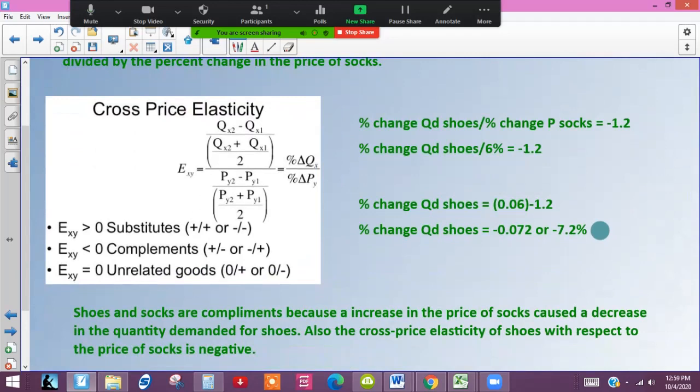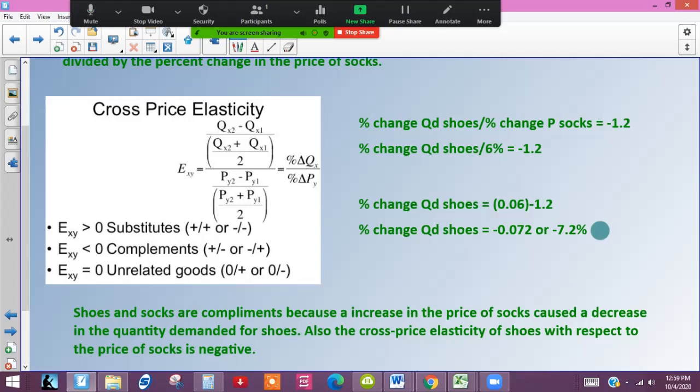So when the price of socks went up, the quantity demanded of shoes went down, which, without knowing any formula or anything, just using common sense, tells you that if the price of one item went up, which would lower the quantity demanded of that item, then the quantity demanded of the other item, in this case shoes, goes down as a result.